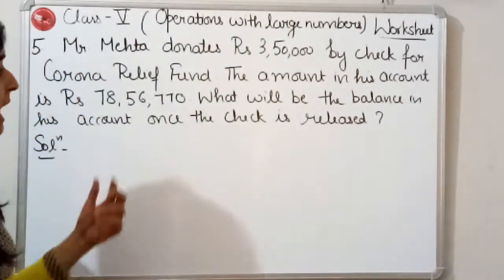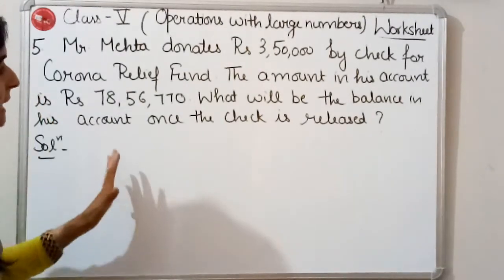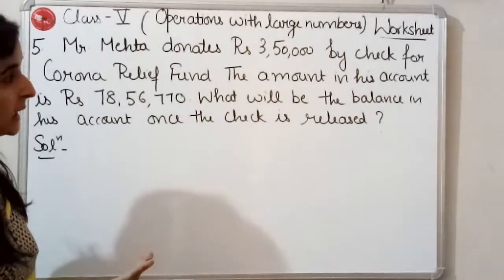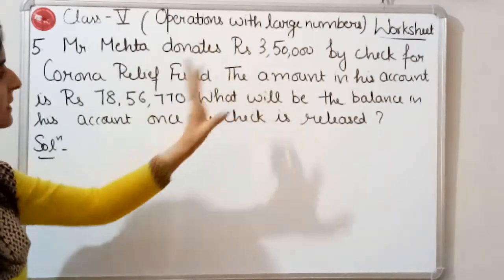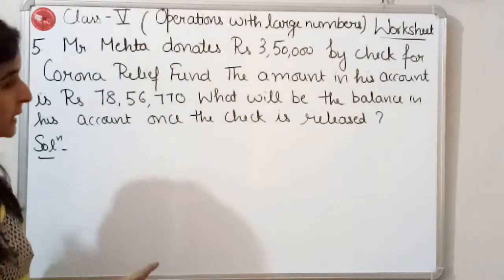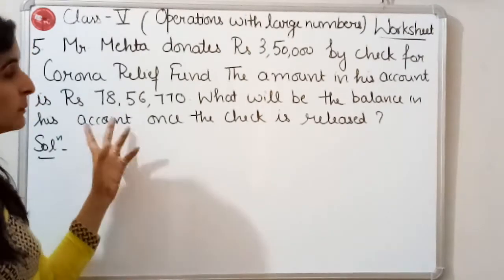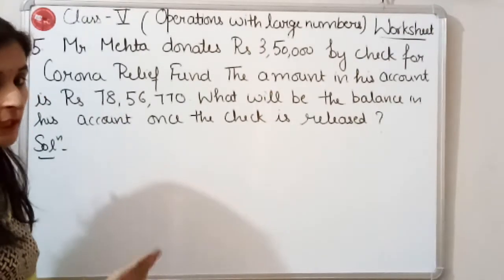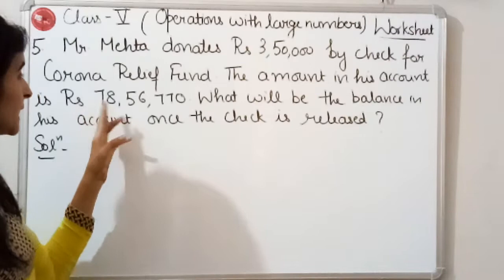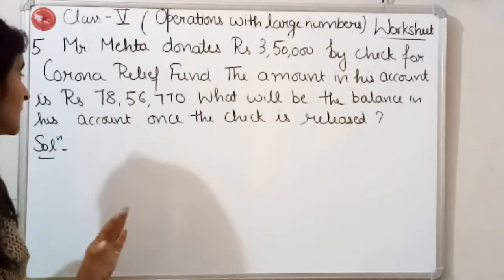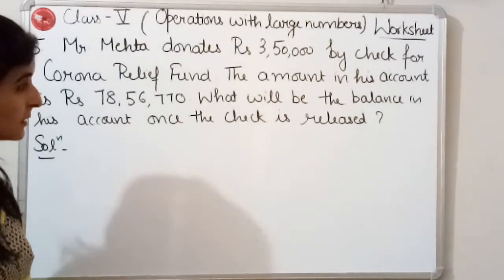Okay, so how much money Mr. Mehta has donated? He has donated rupees 3,50,000. And how much total amount, how much total money was there in his account? In his account there was 78,56,770 rupees.